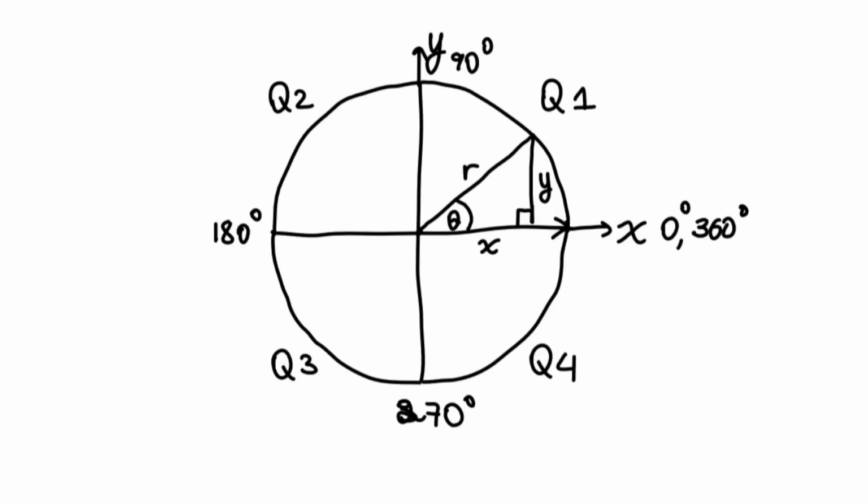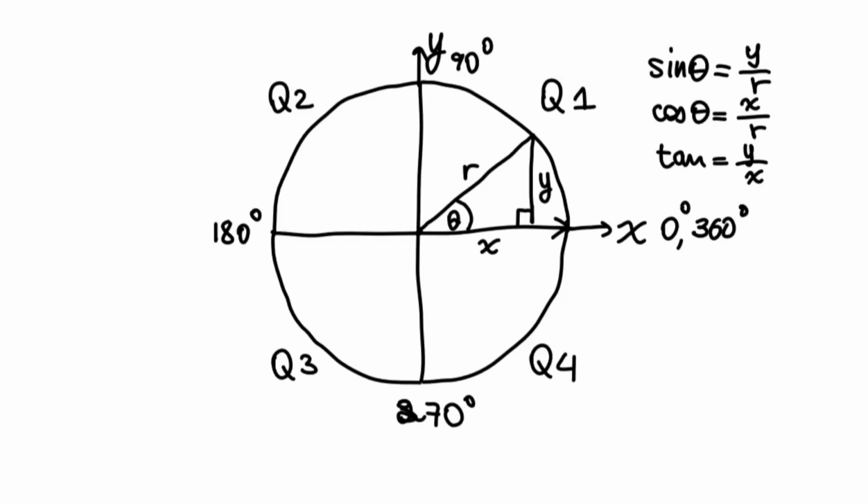So sine of theta will be opposite over hypotenuse, y over r. Cosine theta will be adjacent over hypotenuse, x over r. And tangent theta will be opposite over adjacent, y over x.